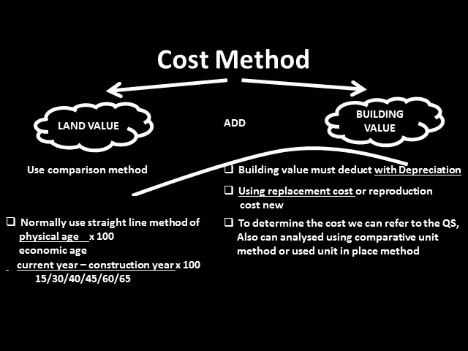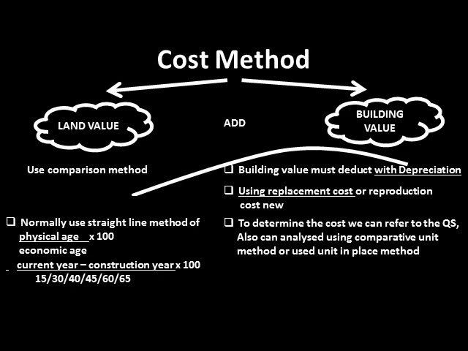Current year 2020, you deduct the construction year. Because we use the current cost, to calculate the age we also need to look at now. So now minus when it was constructed.